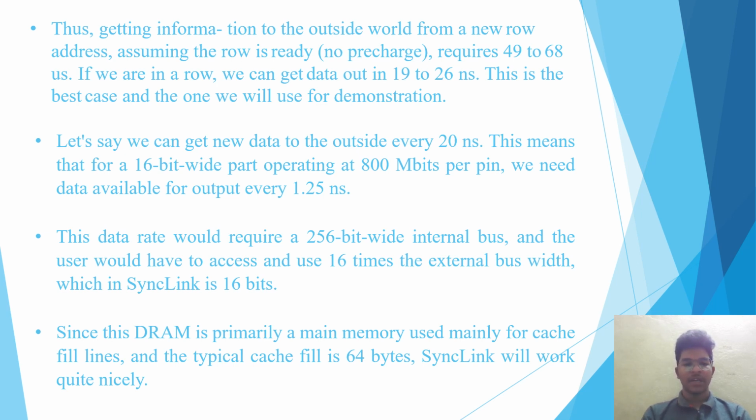This means that for a 16-bit wide part operating at 800 megabits per pin, we need data available for the output every 1.25 nanoseconds. This data rate would require a 256-bit wide internal bus, and the user would have to access 16 times the external bus width, which in Synclink is 16 bits.